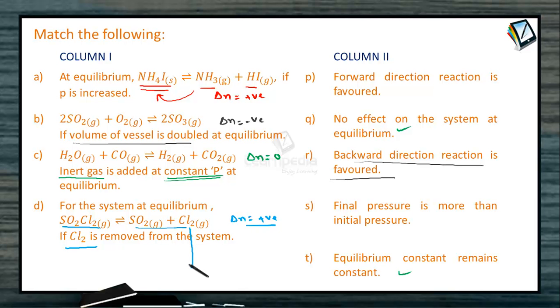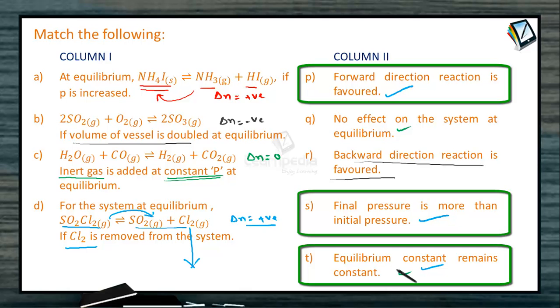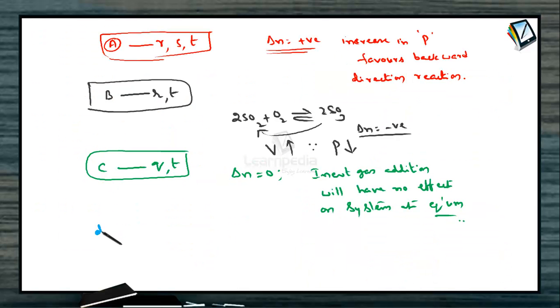When Cl2 is removed from the system at equilibrium, forward direction reaction is favored according to Le Chatelier's principle. So forward direction reaction favored is right. And here since delta N is positive, final pressure is more, and this is always right. So we have the answers as P, S, T. So for D, we have P, S and T as the options.